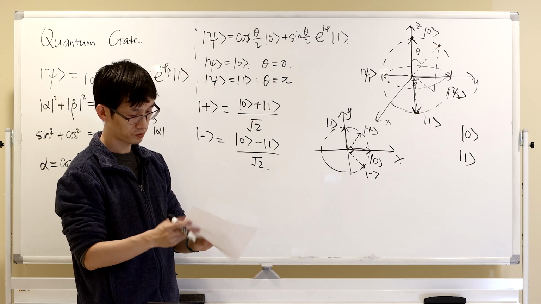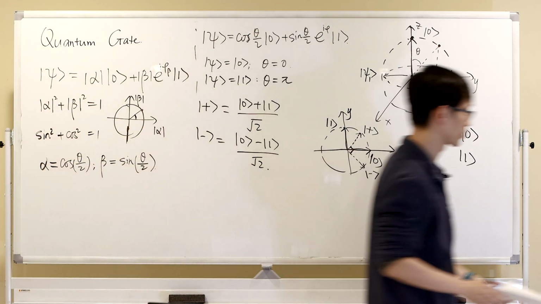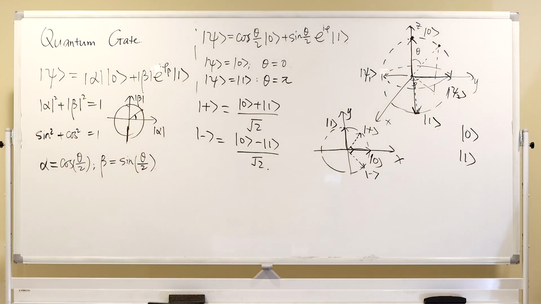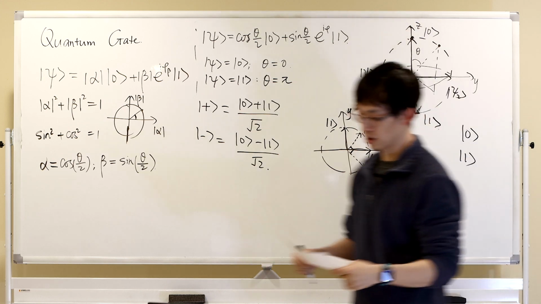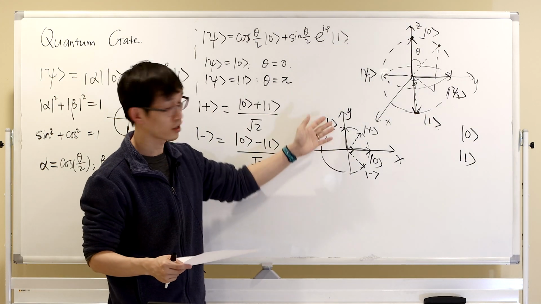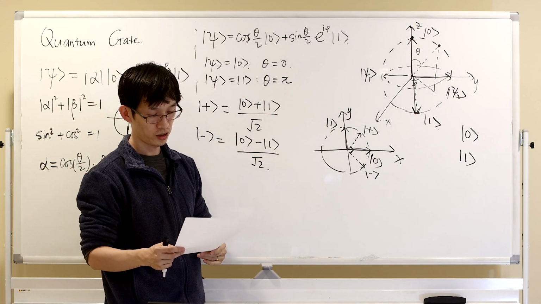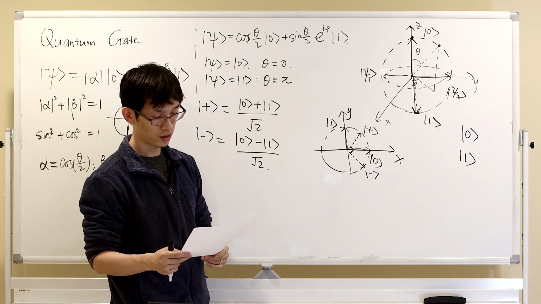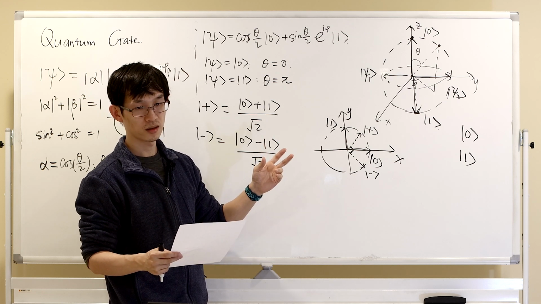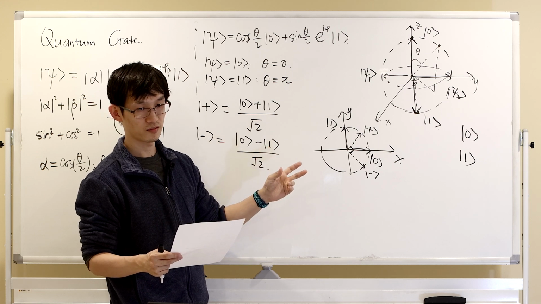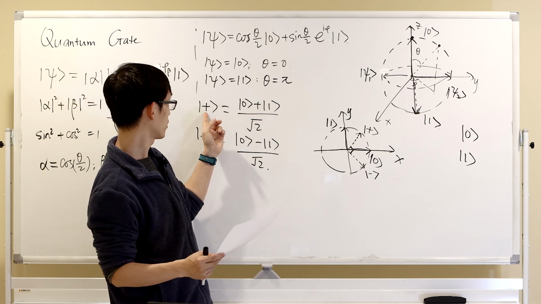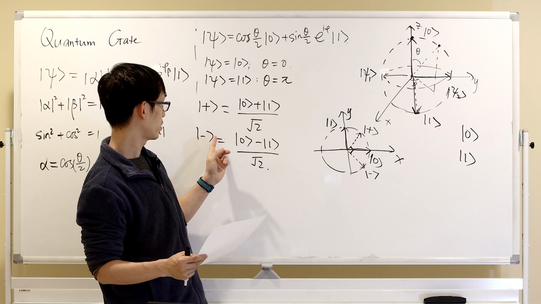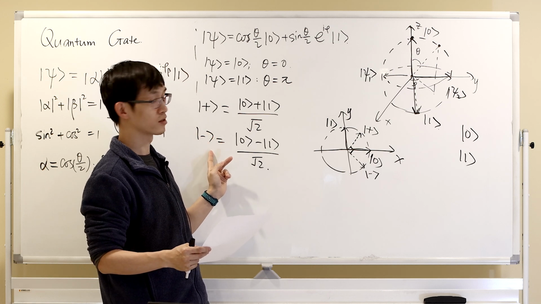And later we will see that this is actually quite useful in quantum communication. And one thing that I want to mention is that you cannot mix different bases. For example, when you choose the plus basis, you already determine what the minus basis is, right?